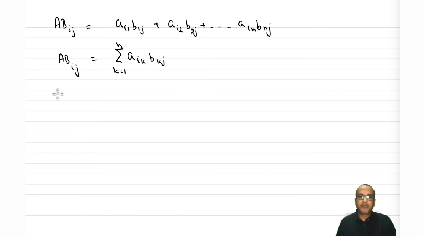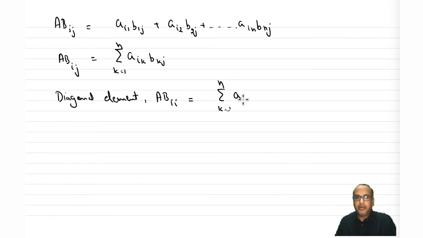Now, because we are interested in determining the trace, and for the trace we need the diagonal elements, how to write the diagonal element? Diagonal element will be where indices I and J are the same. So we can write AB II, which will be equal to summation K goes from 1 to N of AIK and BKI, right?